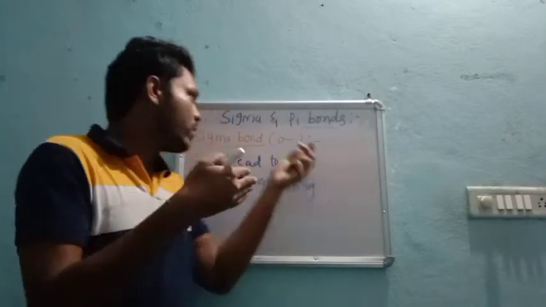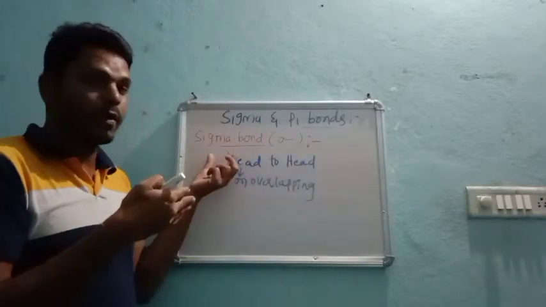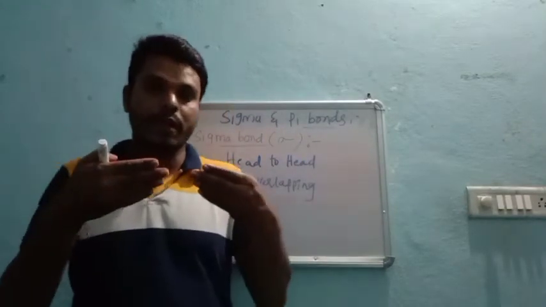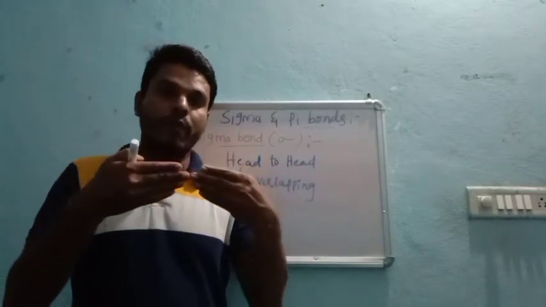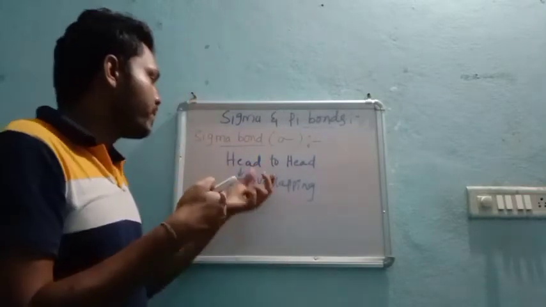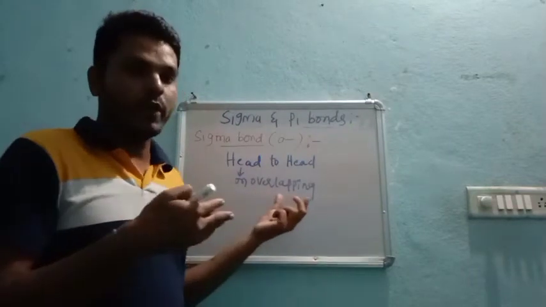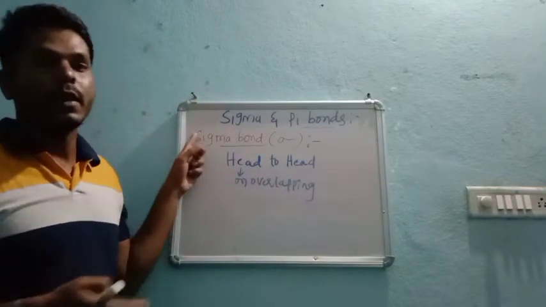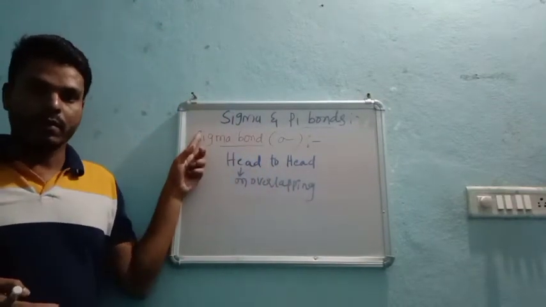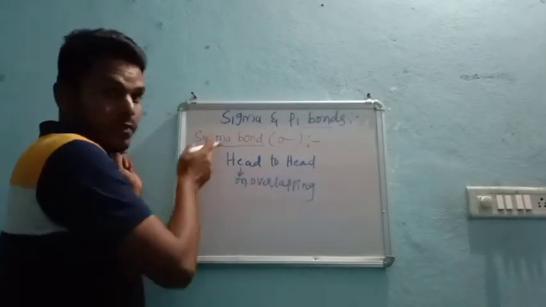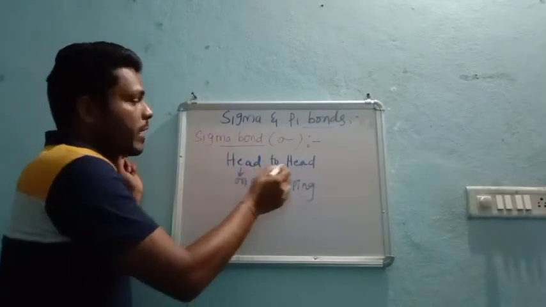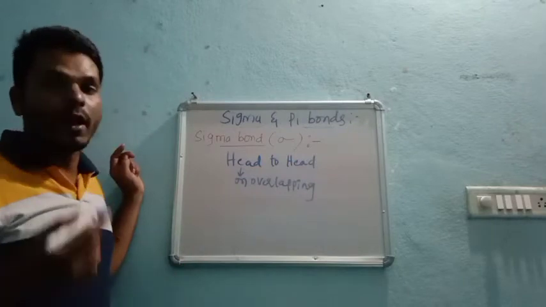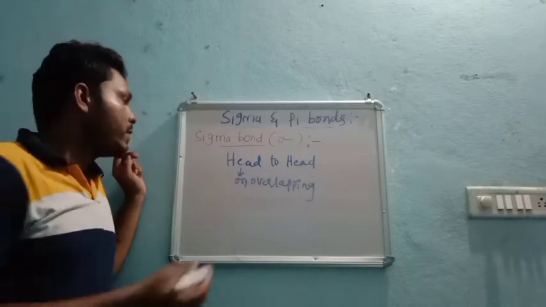But for now, for the sake of understanding the sigma bond, you can consider that whenever head-to-head overlapping takes place between two atoms, there will be the formation of a sigma bond. Such bonds are called sigma bonds, formed by head-to-head or head-on overlapping.